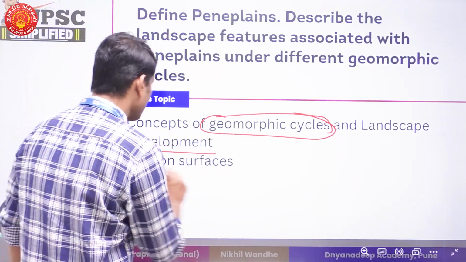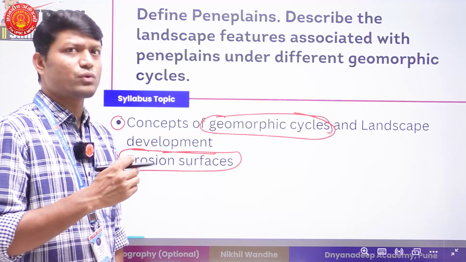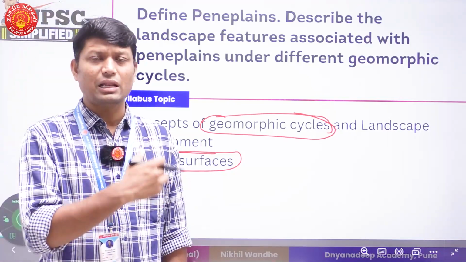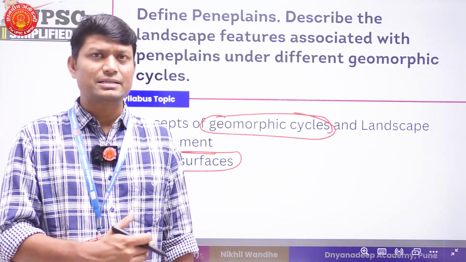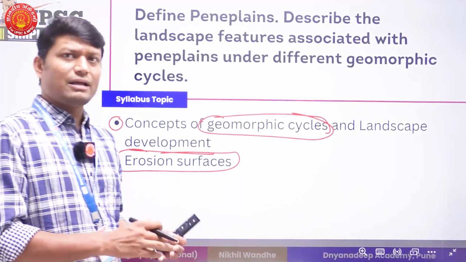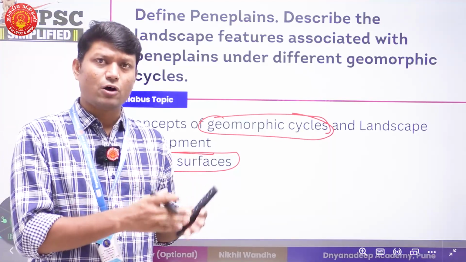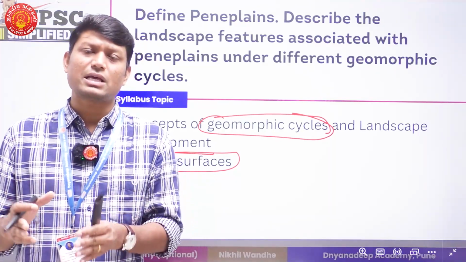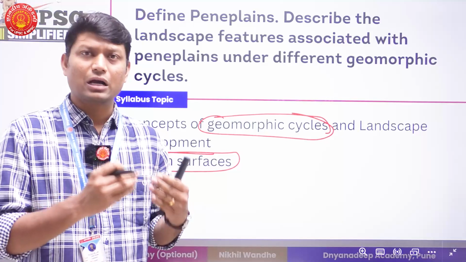Then there is something called erosional surfaces. What happens is every geomorphic cycle ends with a final product that is nothing but an erosion surface, right? Now there are various types of erosional surfaces which are formed under different geomorphic cycles or different climatic conditions.